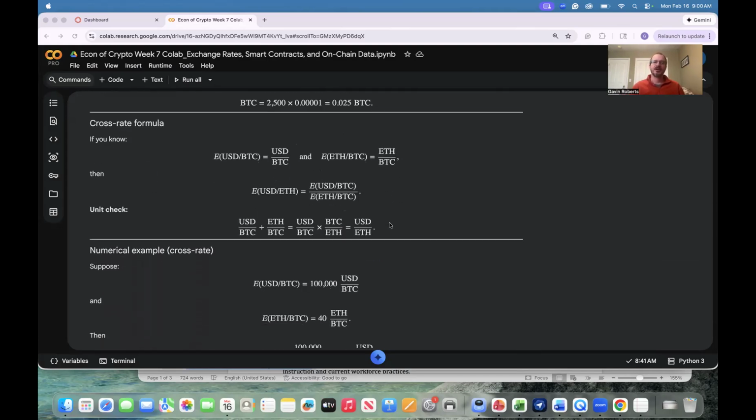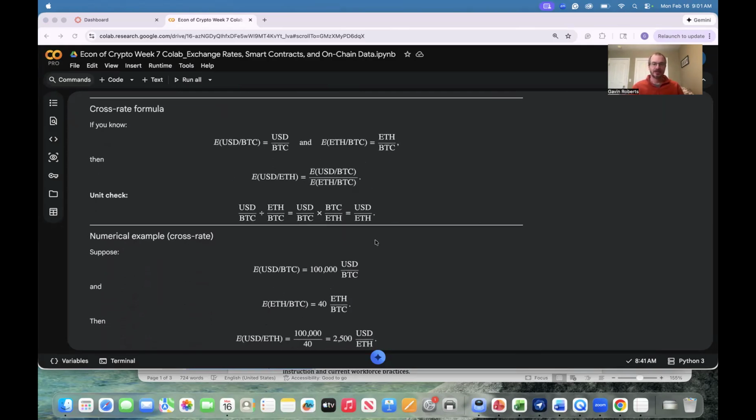Now suppose we know a couple other exchange rates. Here's US dollars per Bitcoin. Here's Ether, or Ethereum, per Bitcoin, where Ethereum is a different cryptocurrency. If we knew both of those, then we could end up with US dollars per Ethereum, given just the exchange rates between the two.